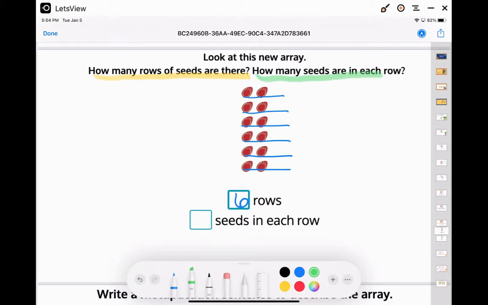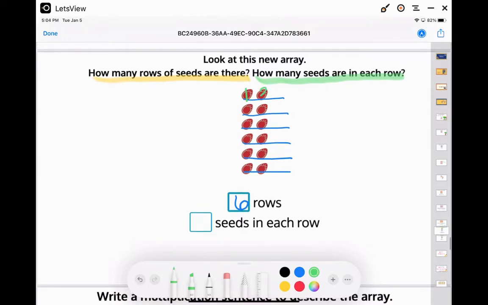How many seeds are in each row? We can count those together as well. 1, 2. And remember what we said, in an array, there is the same number in each row. So we know that there are 2 seeds in each row.